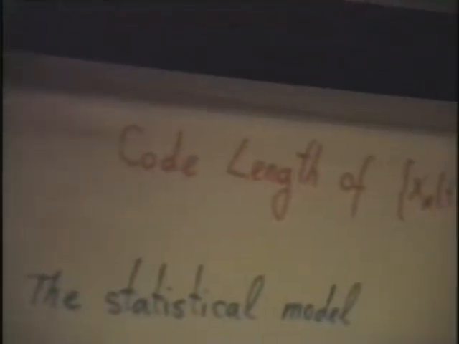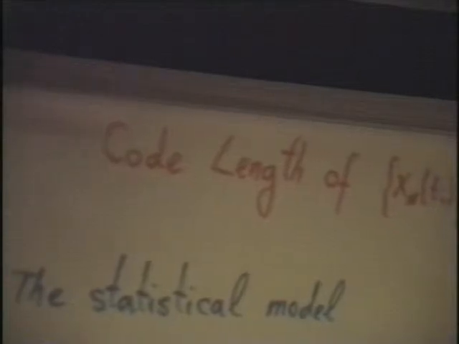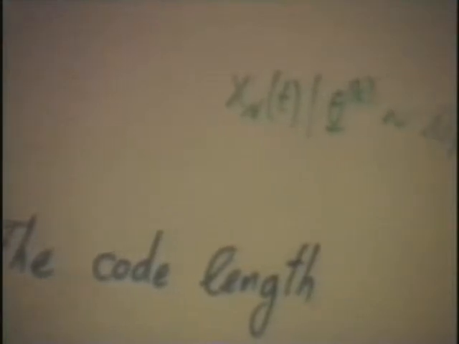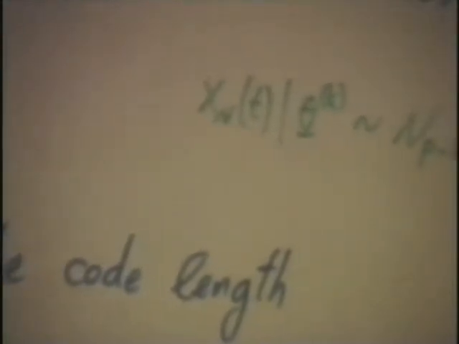In order to do the encoding, we are going to assume for the time being that theta is known. Now we're going to encode the noise subspace component, and for that purpose we need a probability distribution for these noise subspace components.